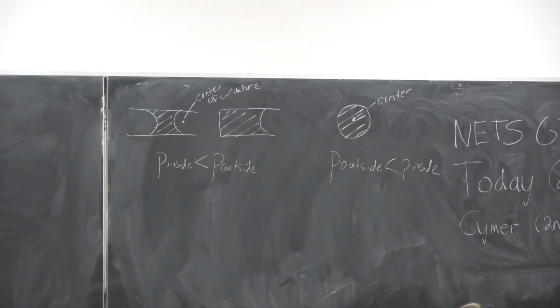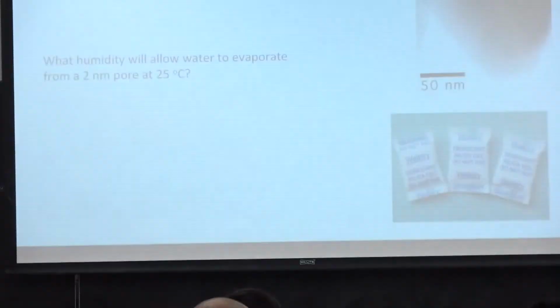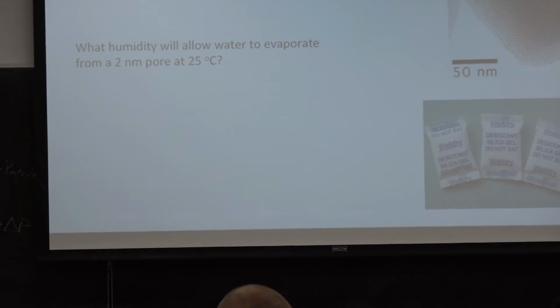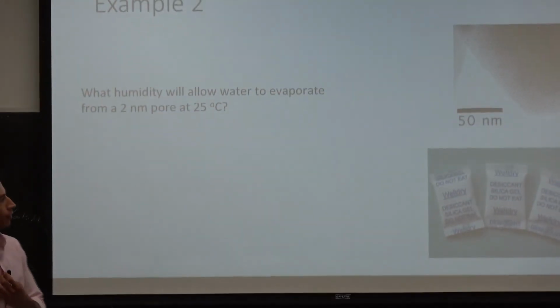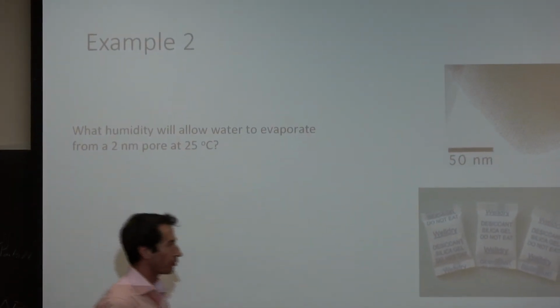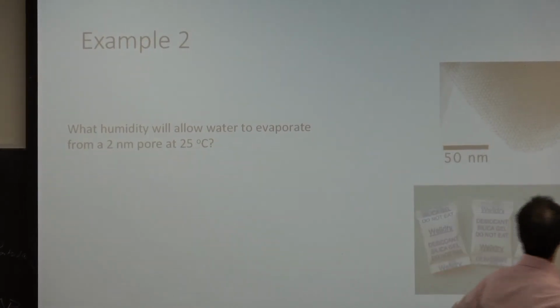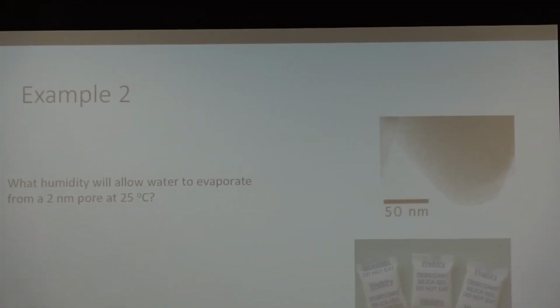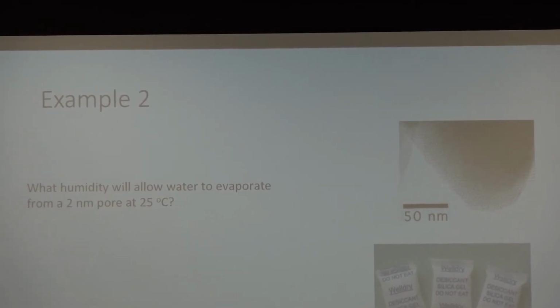So let's use this newfound knowledge for something that is sold in a lot of places. This kind of stuff, right? These desiccants. This stuff is often filled with silica gel, silica particles that have very small pores and are very hygroscopic.